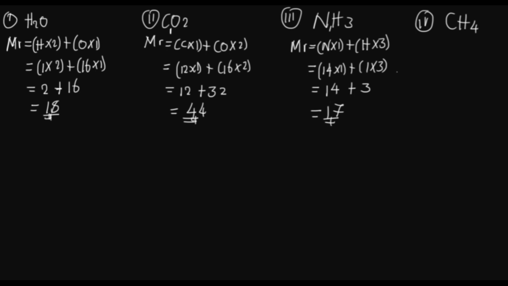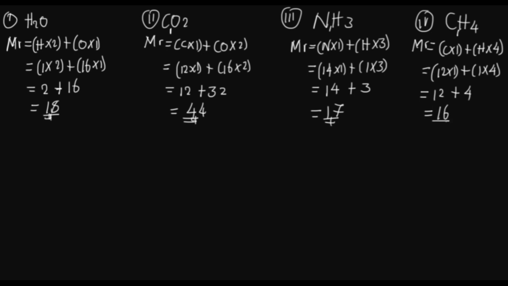Let's look at the last one, methane. We can see that there is 1 atom of carbon, so carbon times 1, plus 4 atoms of hydrogen. So 12 times 1 plus 1 times 4. 12 times 1 is 12, plus 1 times 4 is 4. 12 plus 4 is 16.